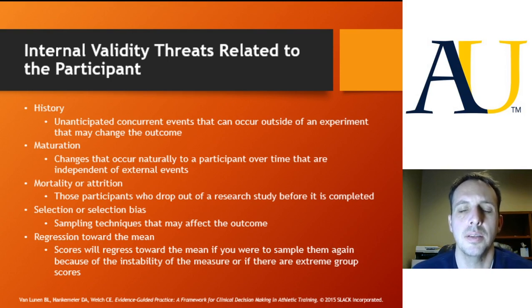And we talked about regression towards the mean being a positive when it comes to all of the non-research variables that we're interested in, where we want those to stabilize over the course of time and compared to one group versus the other, so that they do not have an effect. But if we have a single group or different groups that are performing above or below average at baseline, they're naturally going to return to a more standard level.